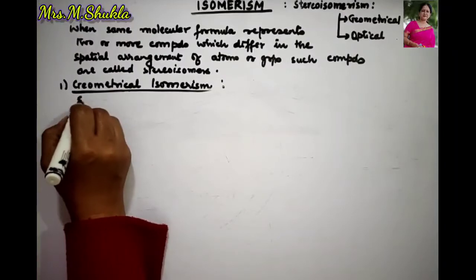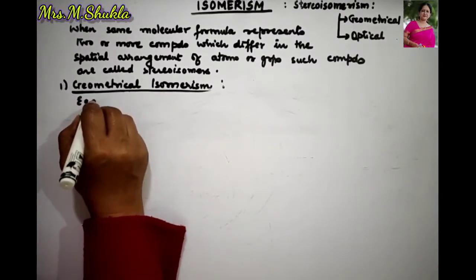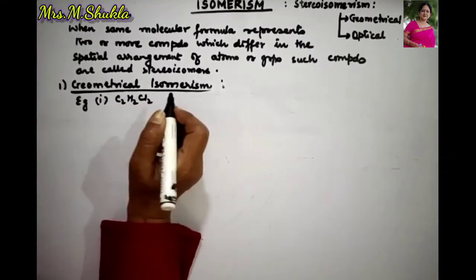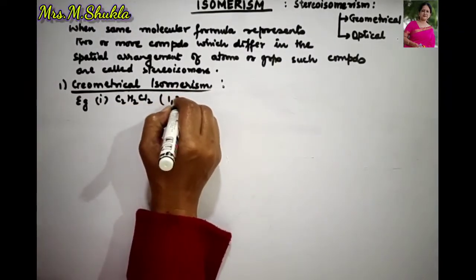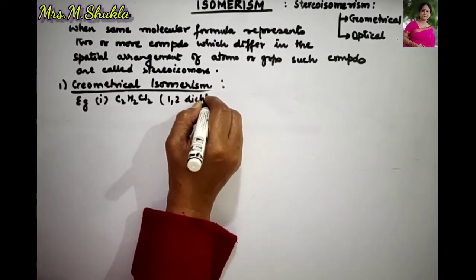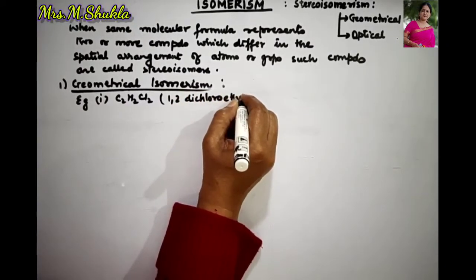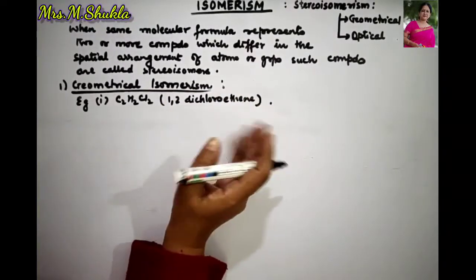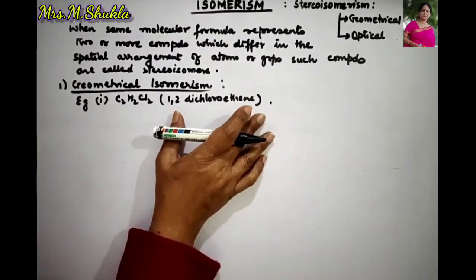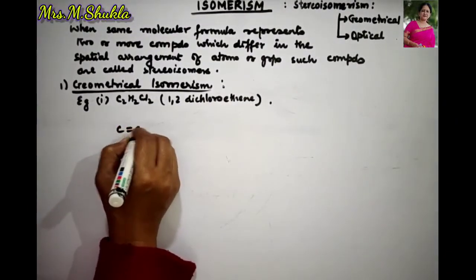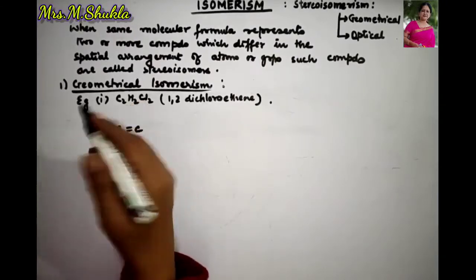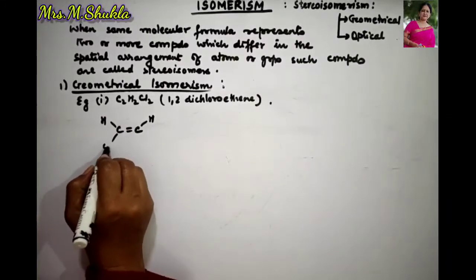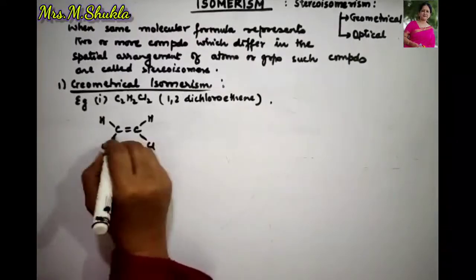Let me begin with an example. I take the first example, C2H2Cl2. What is this also called? 1,2-dichloroethene. Let's see both the cis isomer and the trans isomer of this compound. A carbon-carbon double bond is a must, and if I am drawing cis, both hydrogens should be on one side and both chlorines on the same side of the double bond.